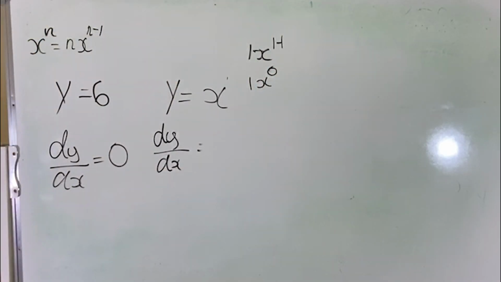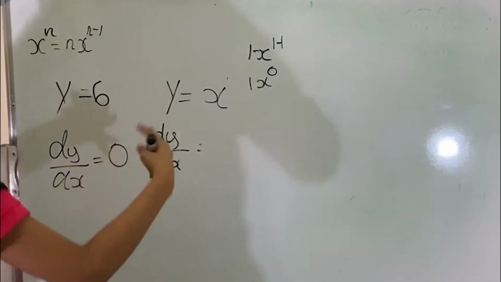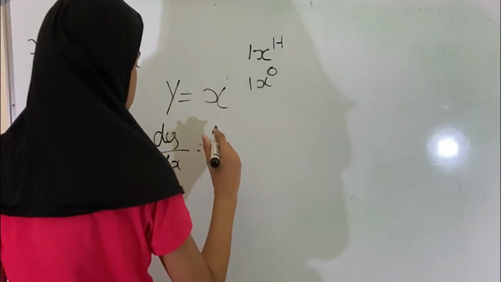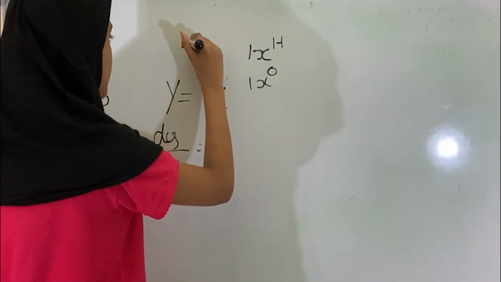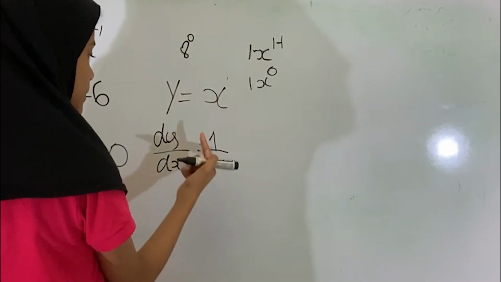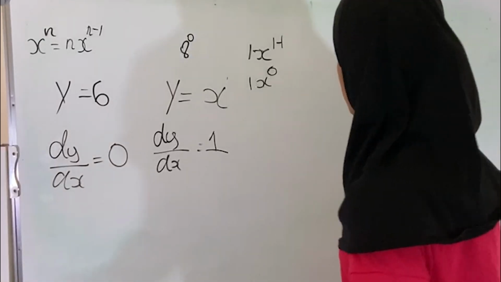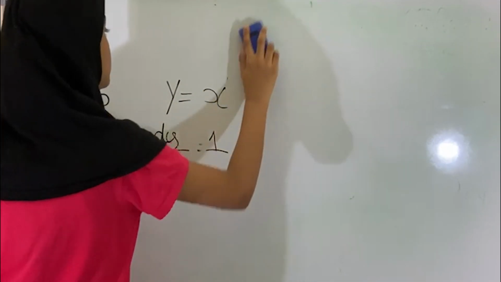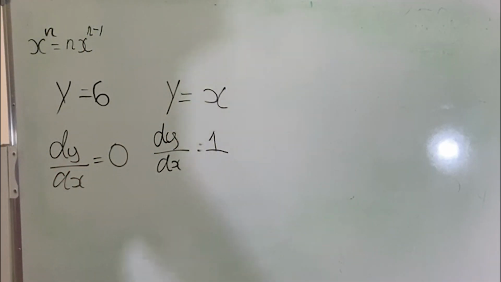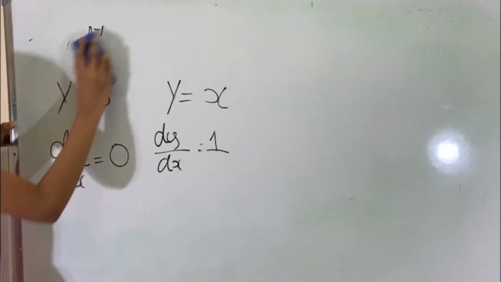If any number or variable has the power 0, the answer is going to be 1. For example, 8 raised to 0 is 1. Whatever we get, if it has the power 0, it's going to be 1. I already taught these things in the last video. Now I'll be talking about a new thing.